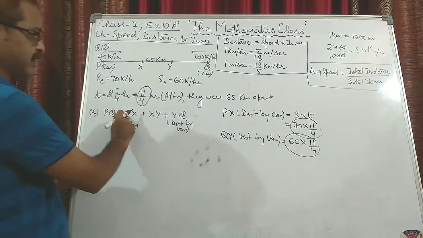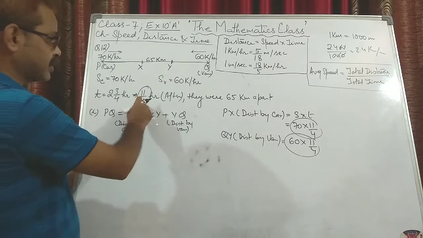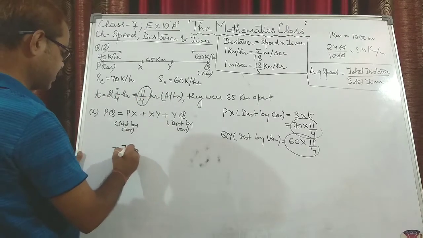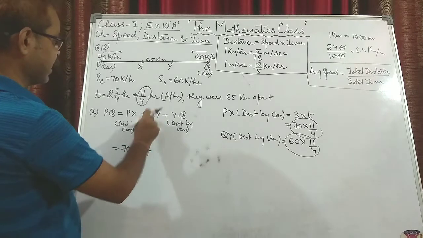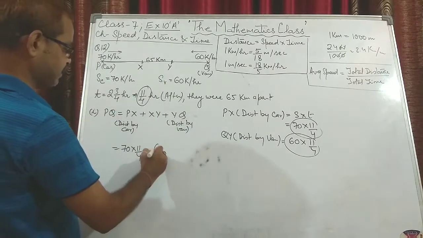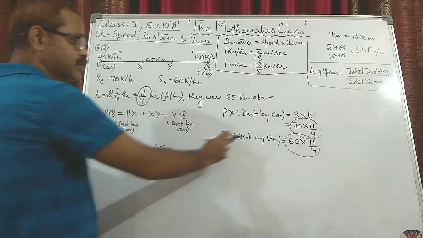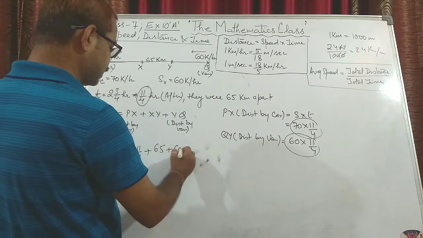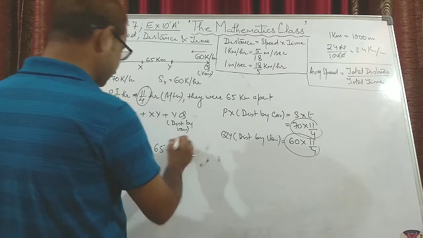Now PX is the distance traveled by the car in 11/4 hours, so that is 70 into 11/4, plus XY, which is already 65, plus YQ, the distance by the van, which is 60 into 11/4. 15 4s are 60.